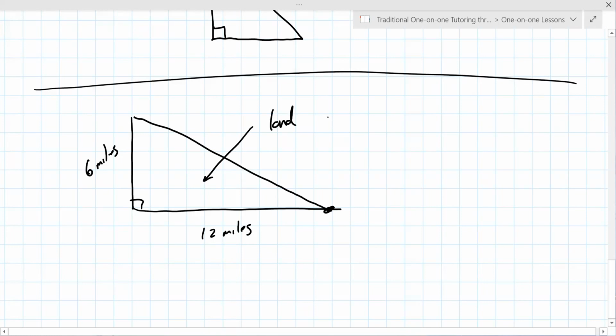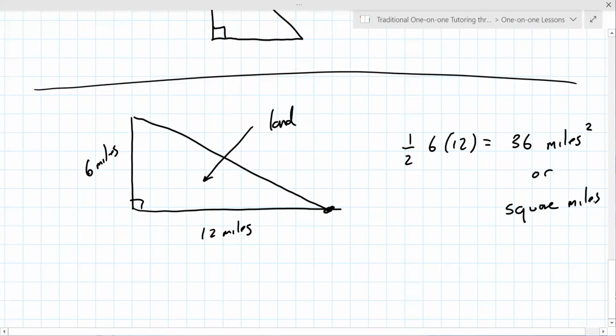So it could be in the context of a numerical value, or a word problem or a story problem. So 36. Yes, 1/2 times 6 times 12 is 36, but this needs units. So it's miles squared, or how we say it when we're talking to people is usually square miles. Both are okay. Okay.